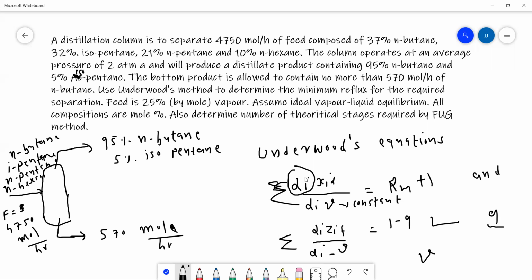As it requires, we first have to decide the heavy key component and light key component.